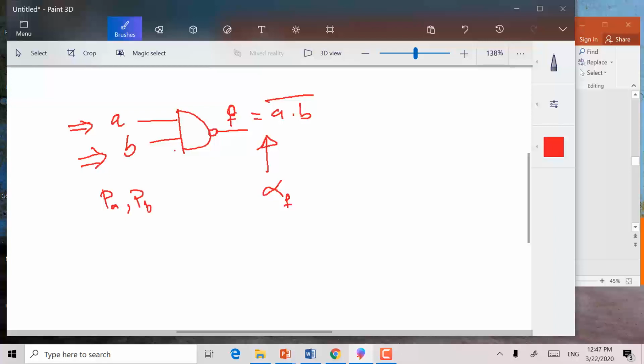First of all, here's a definition: the activity of any signal is defined as the probability of the signal switching to 1 times the probability of the signal switching to 0. That's just a matter of definition. You could also say it is the probability of 1 times the probability of 1 inverted, because we are assuming that a signal can be either a 0 or a 1.